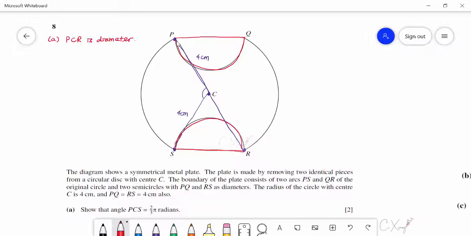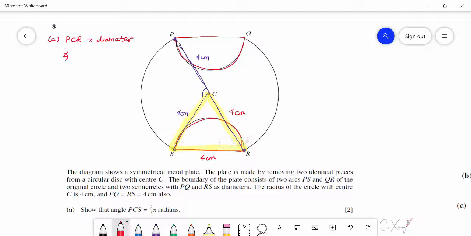And then if you look at this triangle here, from the information given, we already know that this is 4 cm, and this length is also 4 cm. It is actually an equilateral triangle.